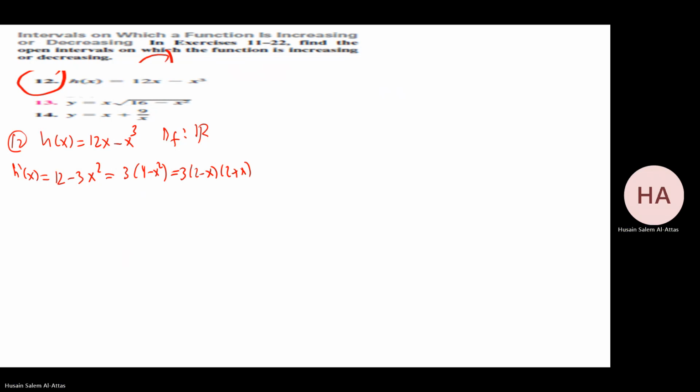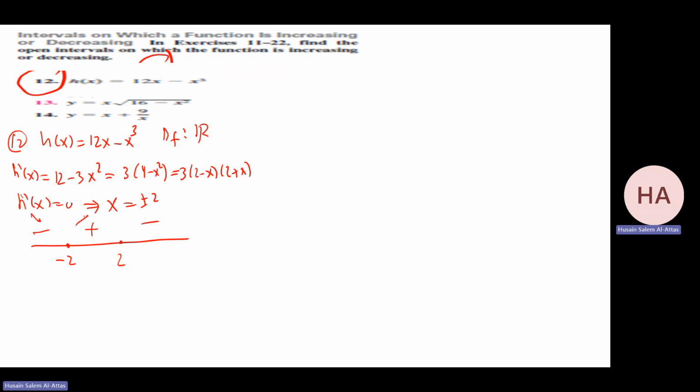Okay. What are the critical numbers? h prime equals 0. That means x equals plus or minus 2. So these are the numbers which I will put there. This is minus 2. This is 2. Before minus 2, take a value, minus 3. That will be positive, negative. That will be negative, positive, negative.